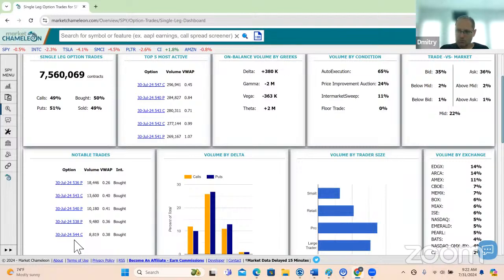Yesterday was July 30th, so these expired yesterday. And all 5 of them were there. It looks to me like it was a mix of calls and puts. It wasn't any one particular option type. We see put, call. The strikes ranged from 536 to 544.